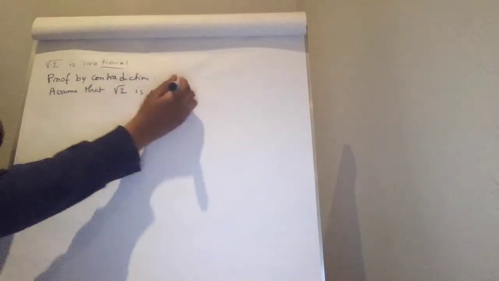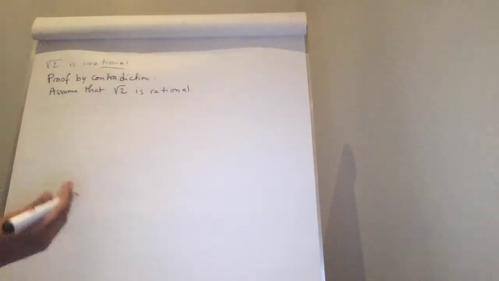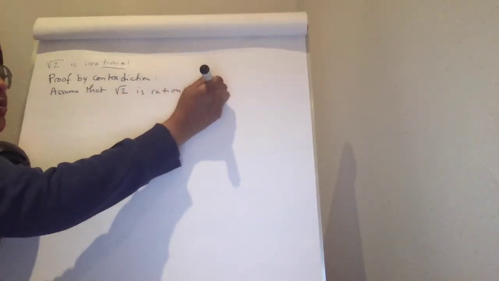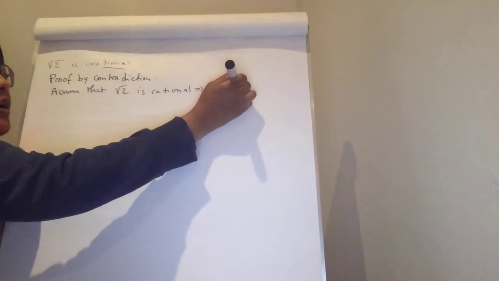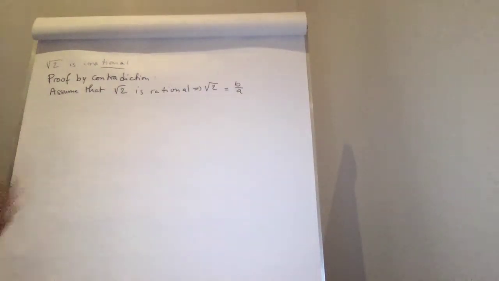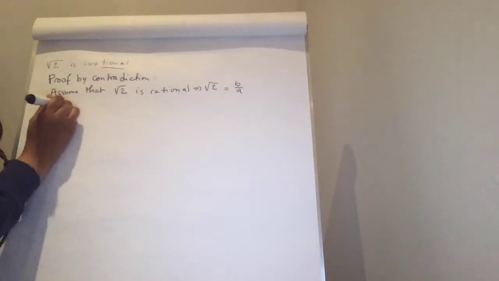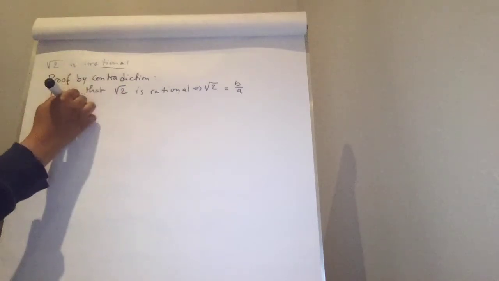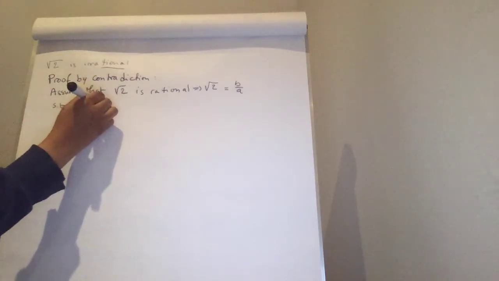So the way we would do that is, we will try to reach a contradiction. So this means that square root of 2 is equal to some fraction b divided by a, such that this is the most reduced form, so that b and a are relatively prime.